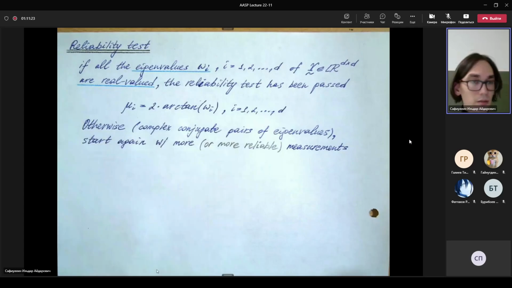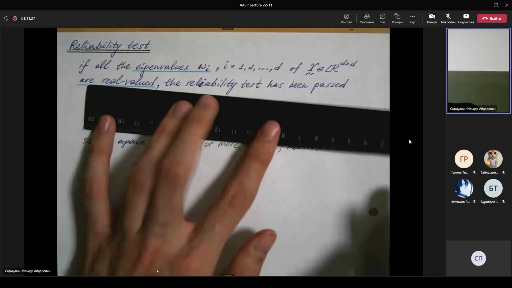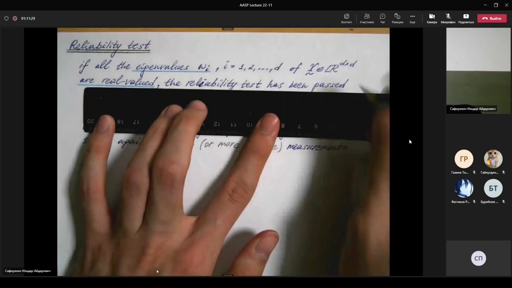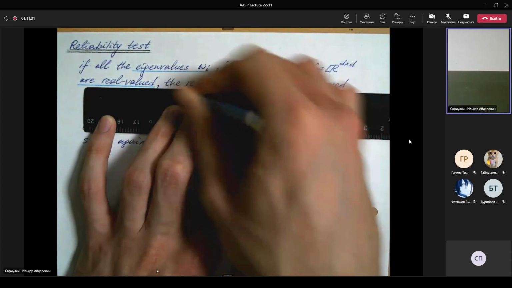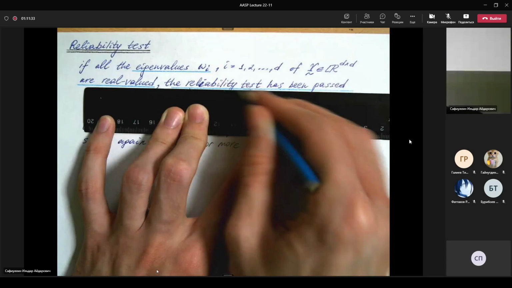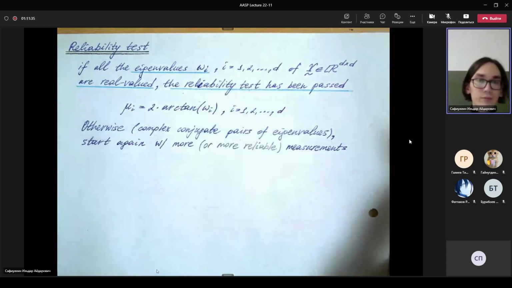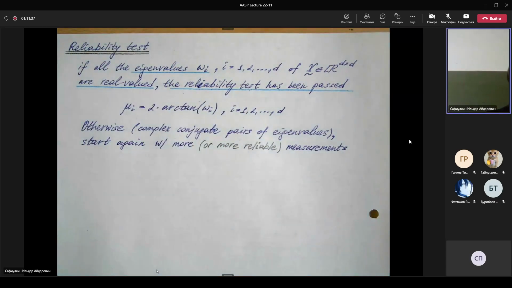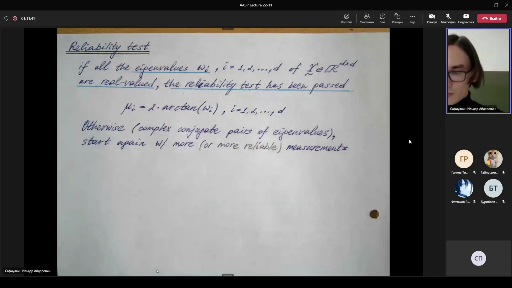If we have this case, then we can say that the reliability test has been passed. And I will put all this part for the reliability test into a box.